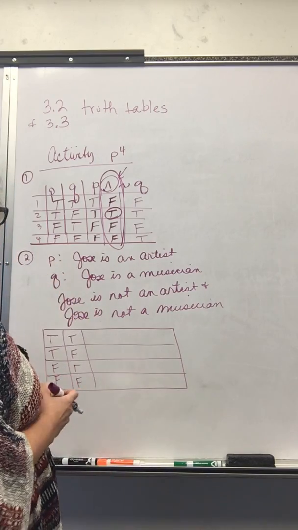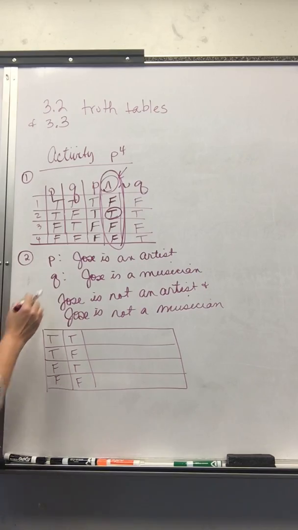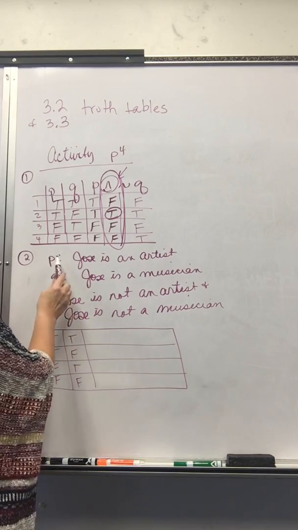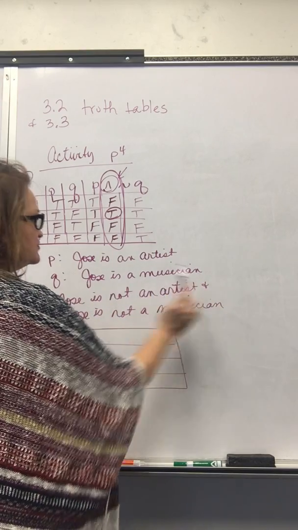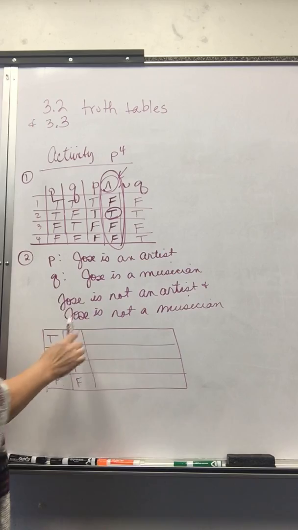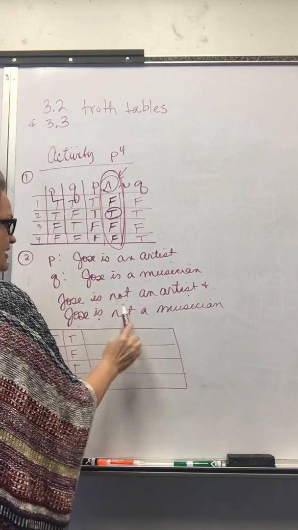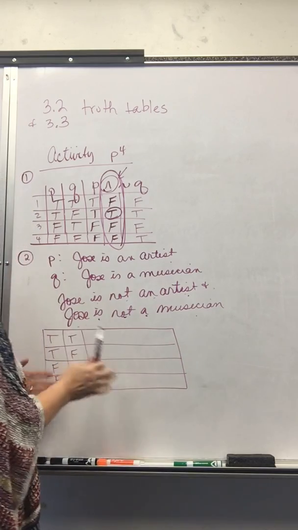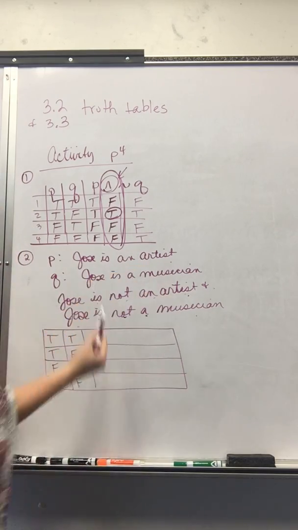All right, another example. This time they give us some descriptions of statements P and Q, just to make it more interesting. Statement P is Jose is an artist. Statement Q, Jose is a musician. So if we want to evaluate, and this is the question they ask us, Jose is not an artist and Jose is not a musician. So just to give us some practice turning these things around, what is that saying?